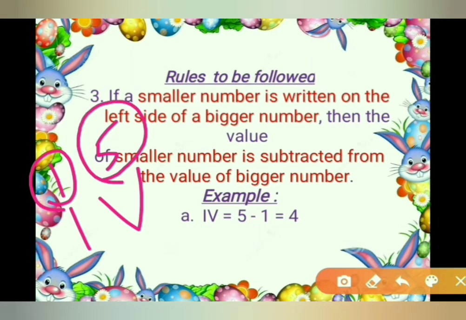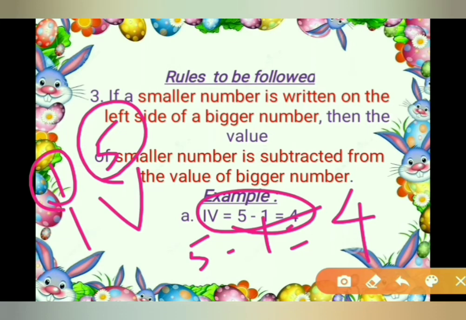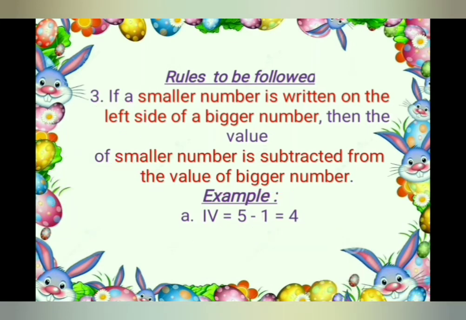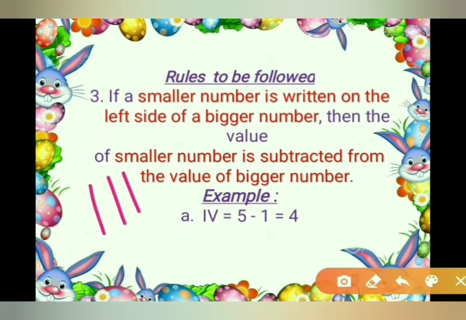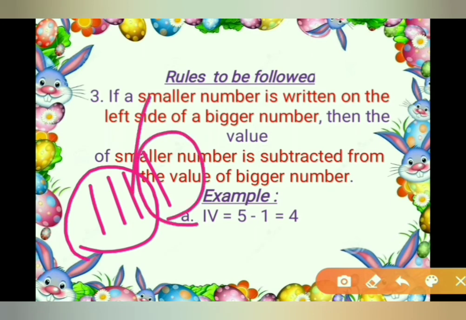So 5 minus 1 equals 4. You may ask the question, why don't you represent 4 by writing I 4 times? That's the first rule that we have seen. I can be repeated a maximum of 3 times only, so the 4th time you are not allowed to write. That's why we are following this.